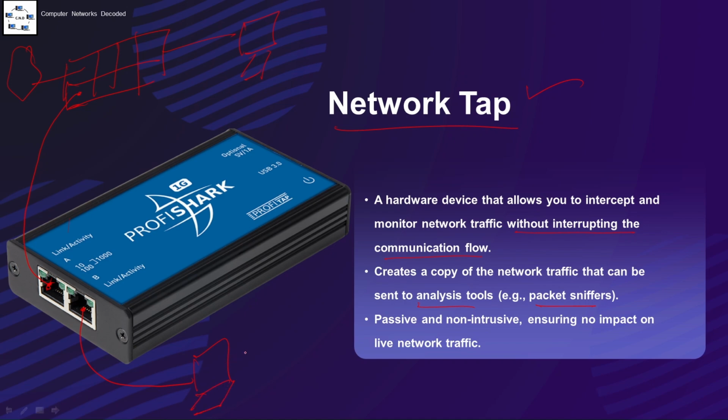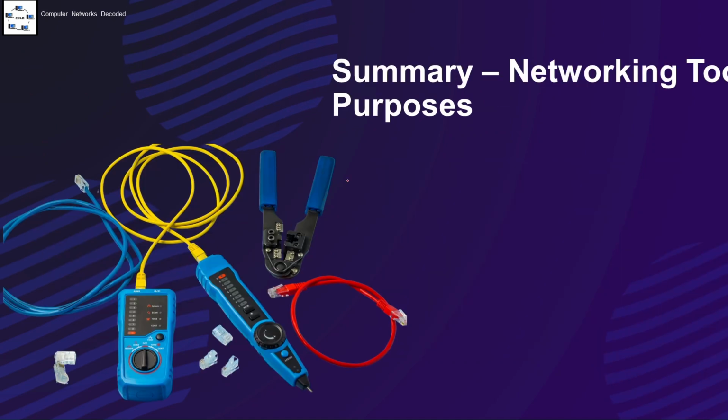Let's suppose this is a laptop with Wireshark, which is a tool to inspect network traffic, installed over here. Here you can monitor and analyze all the network traffic, because all the network traffic is copied to this port and then replicated to this device. So this is how the network tap works.